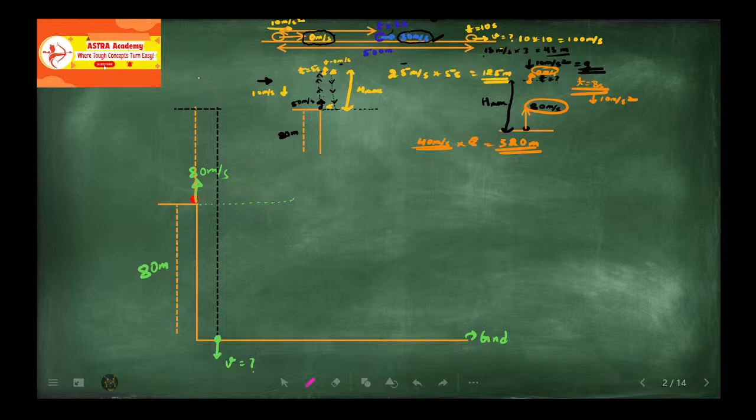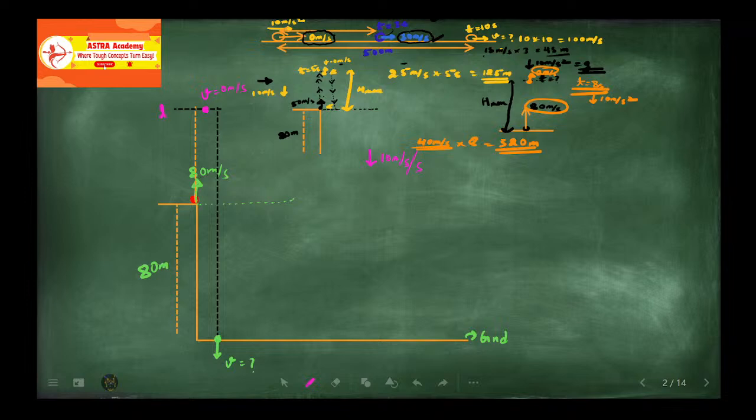Again, at maximum height, one thing is for sure: the velocity will become 0 meter per second. Since the velocity is decreasing by 10 meter per second every second, that is, the value of acceleration is 10 meter per second square, and the direction of velocity is opposite to the direction of acceleration, the velocity is decreasing by 10 meter per second.